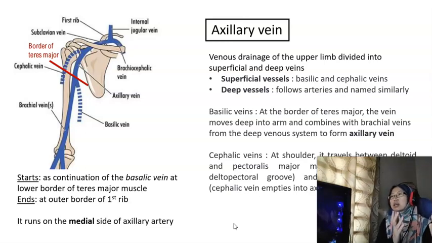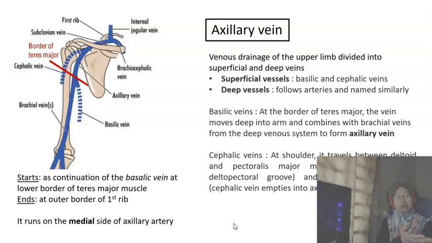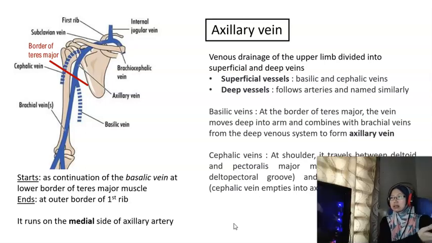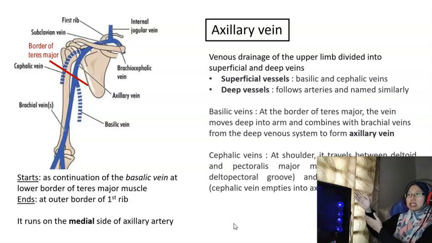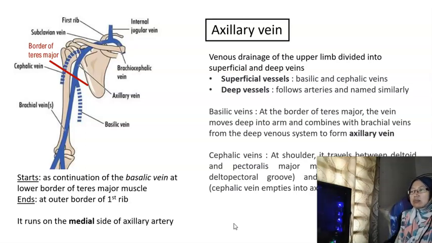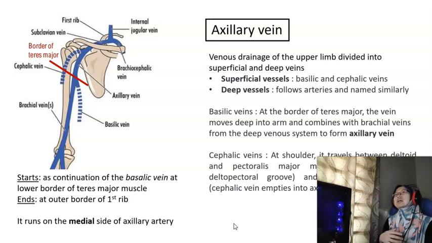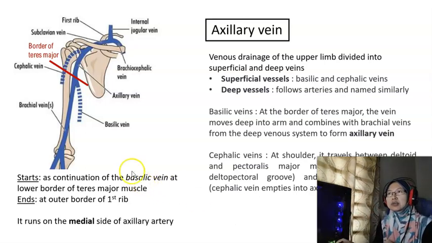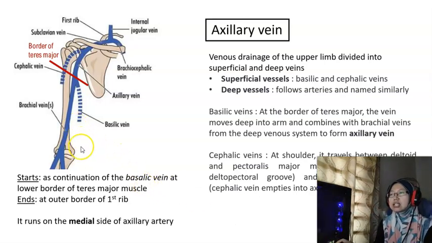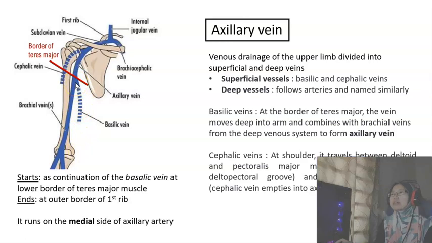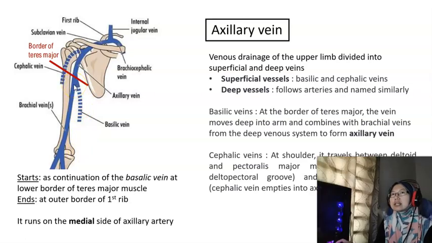Okay. For superficial veins, you have the basilic, close to the body, so basilic here. Okay, cephalic goes up to the head. Okay, basilic and cephalic. Then the basilic vein, which is superficial, will merge, combining with a brachial vein.